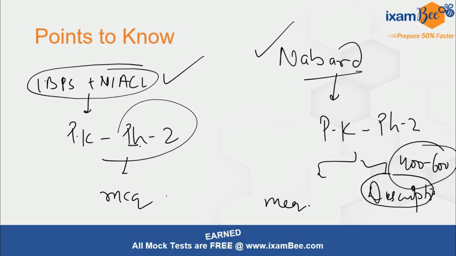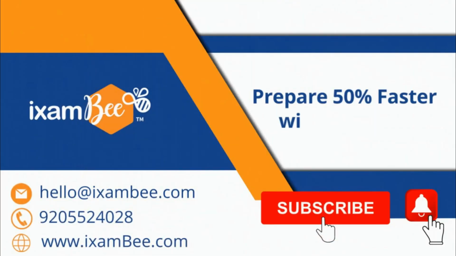So definitely you have to do a lot of reading and have a good understanding because you are going to write a big essay kind of question in NABARD. But none of these applies in IBPS and NIACL. If you are good at finding the correct option out of the multiple choice questions, you are there in this list.